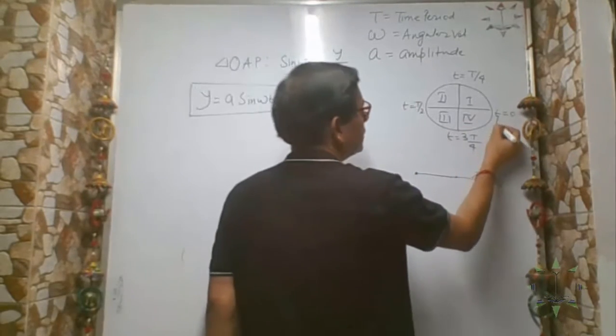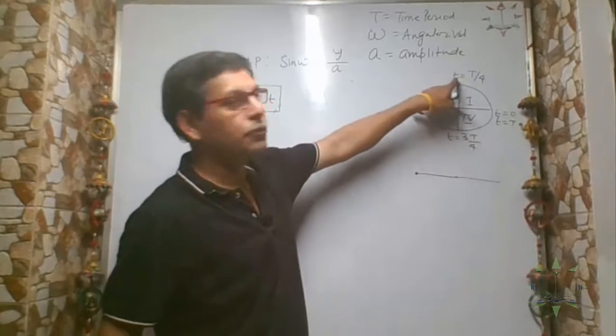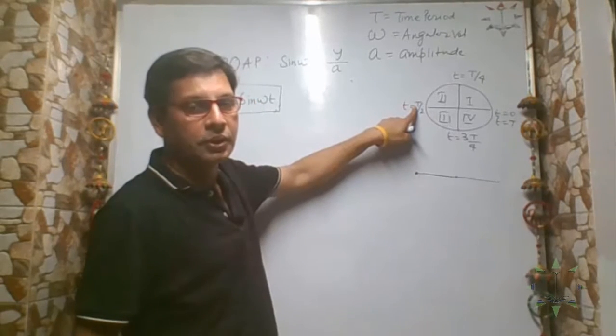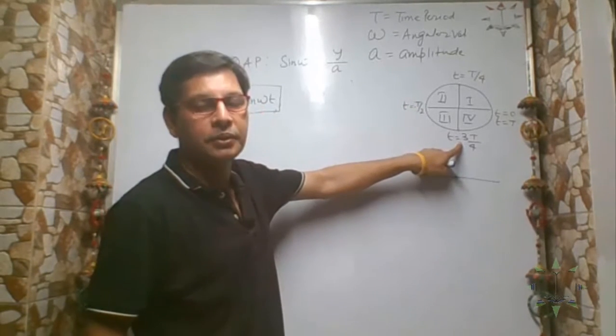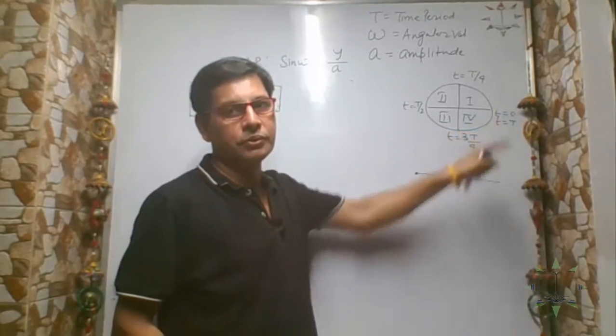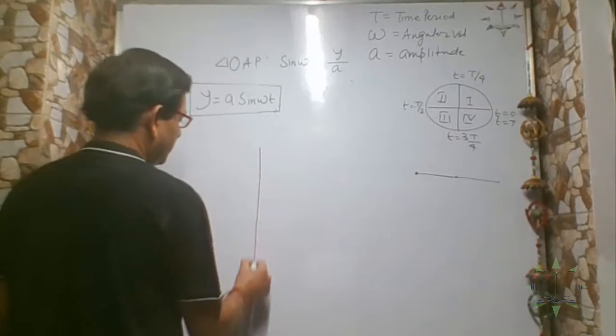Here at t equal to T, this is a complete circle, you understand? This is 1/4, this is 2 of T by 4, that is T by 2, this is 3 of T by 4, and this is 4 of T by 4, the complete time. Okay. So now let us plot it.